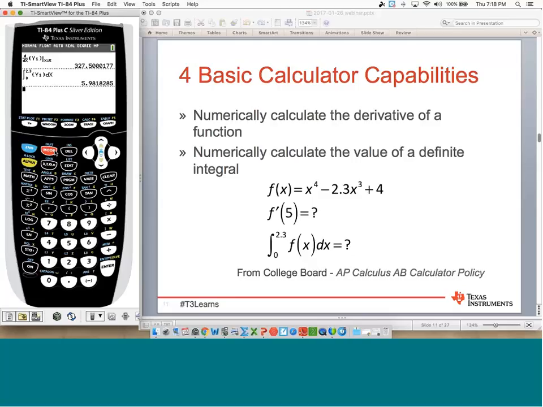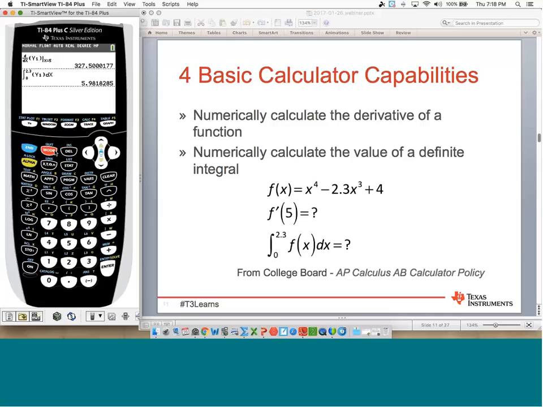Around this time of year, for the last few years, I have had a quiz where the quiz isn't about doing calculus. I give them a series of 8 to 12 problems, and they have to tell me if they are allowed or not allowed to solve this particular problem on the AP exam by just using their calculator.